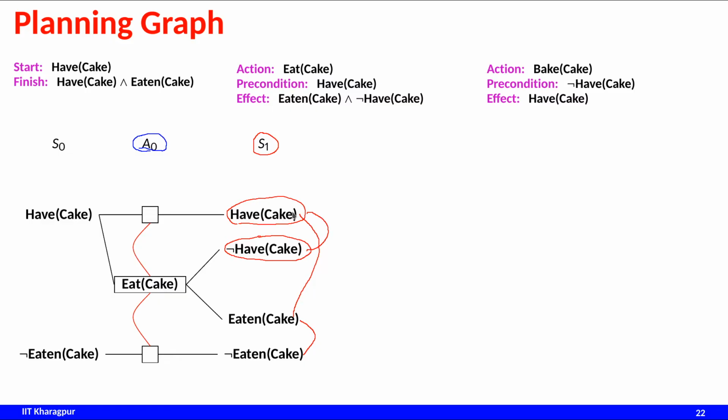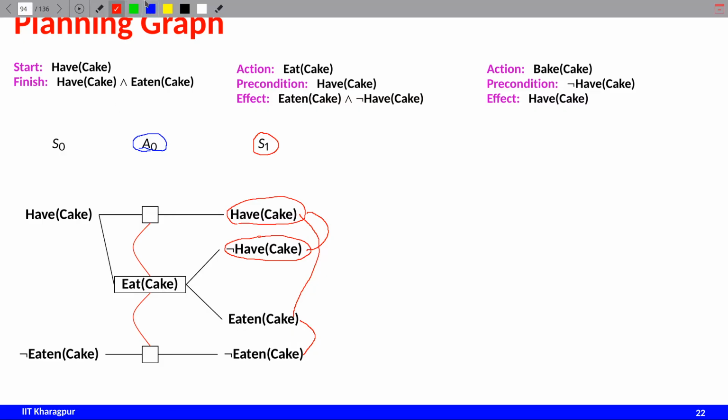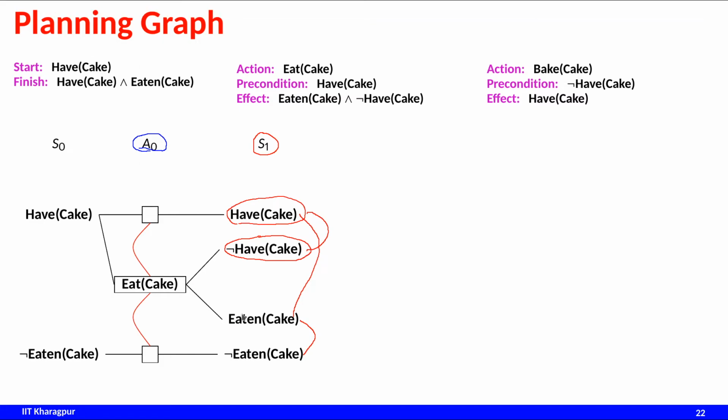But if we take a deeper look, this eaten cake is generated by eat cake, and this have cake is generated by this persistent action. So that is the only way I can have have cake and eaten cake.